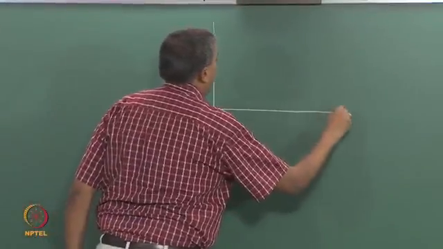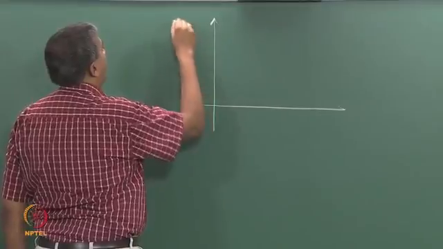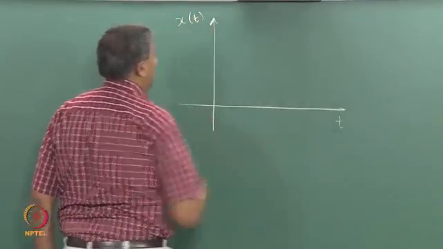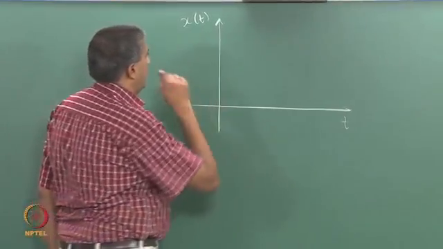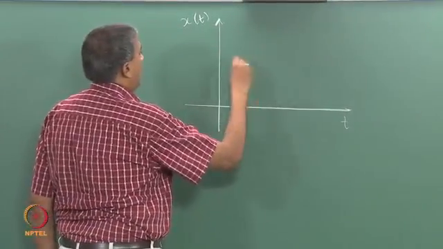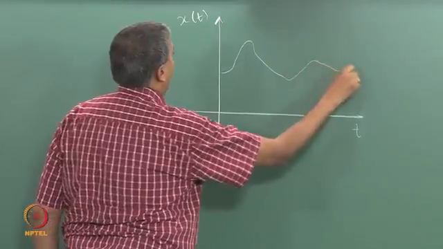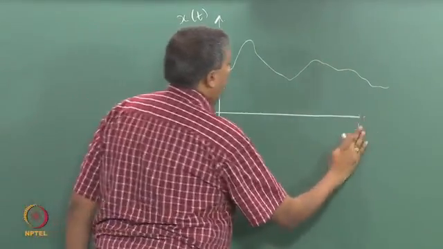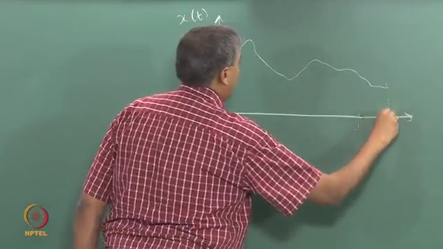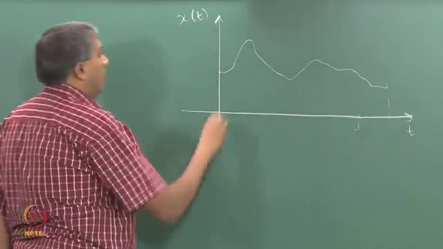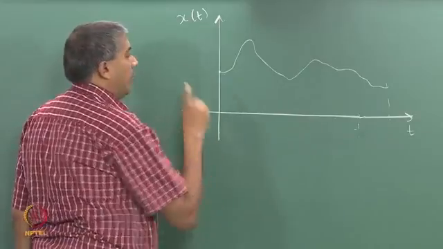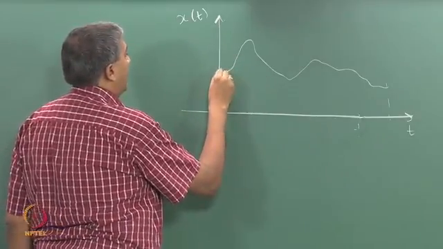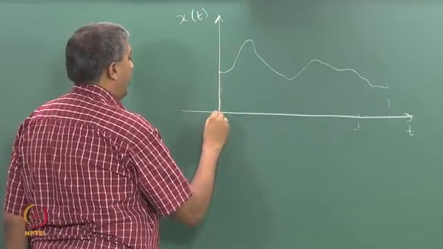Again here, let us just consider some waveform. I am still going to consider a continuous time waveform, it does not make any difference to our illustration. So, let us say this is the waveform that I have, and I have observed it over a period of time here. What I am talking about with respect to m is, let us say that you place your window initially here at this point 0.